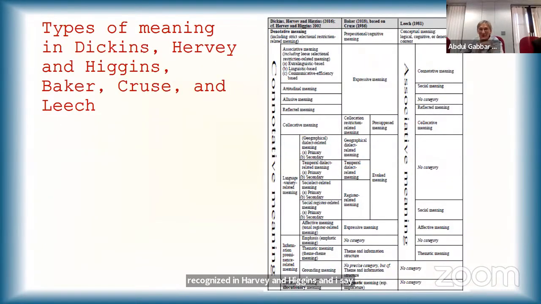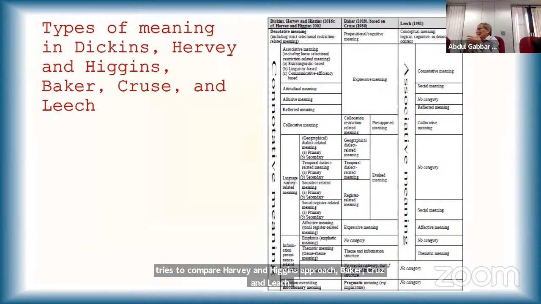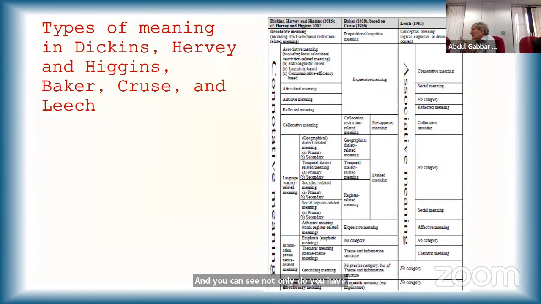Okay, so as if to prove my point, I simply included this big model that tries to compare Harvey and Higgins' approach, Baker, Kruse, and Leach. And you can see not only do you have lots of different terminology, some quite confusing terminology actually, in that what Leach means by associative meaning is very different from what Harvey and Higgins mean by it.